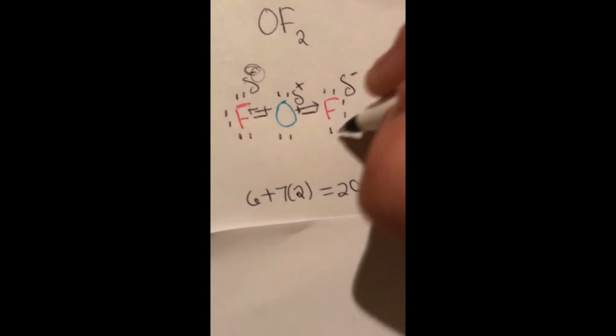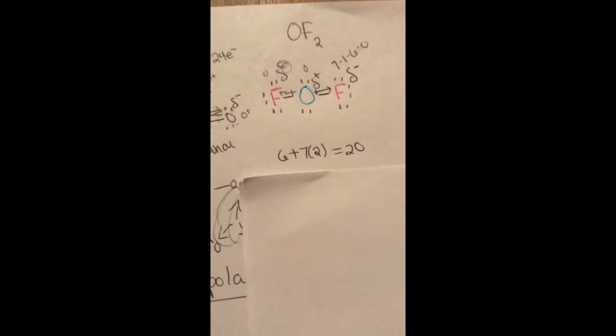Doing the partial negative, we have 7 valence minus 1 minus 6. That gives us 0. It'll be 0 over here. Then we have 6 minus 2 minus 4. That gives 0. Sweet. So we already have that set. Now we just have to count the domains and see what it behaves like. I have 1, 2, 3, 4 domains, so that's going to be tetrahedral.